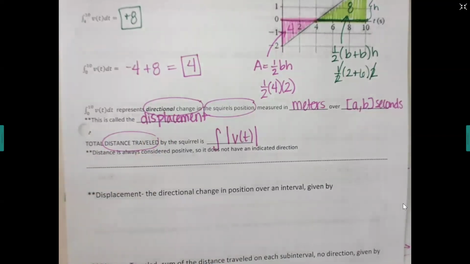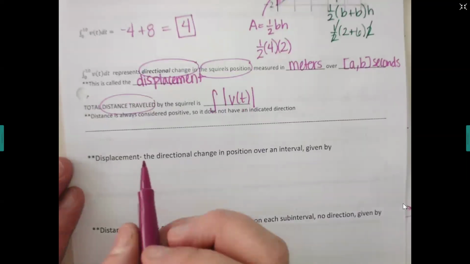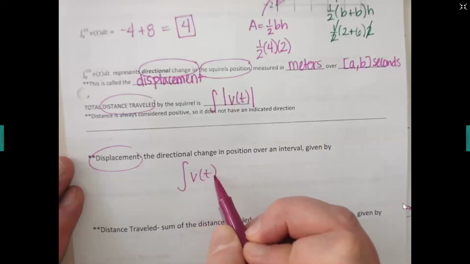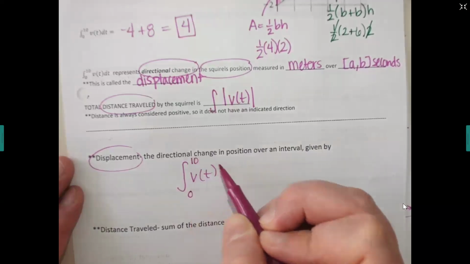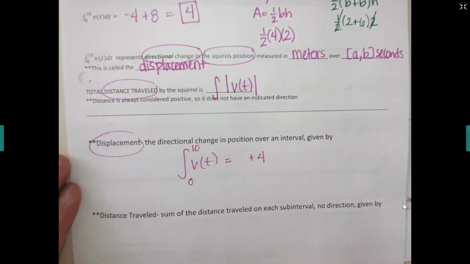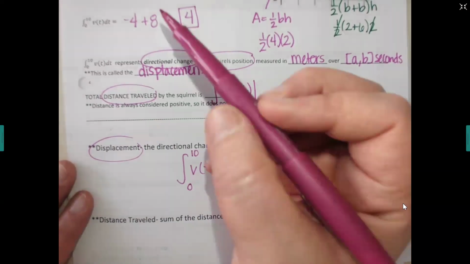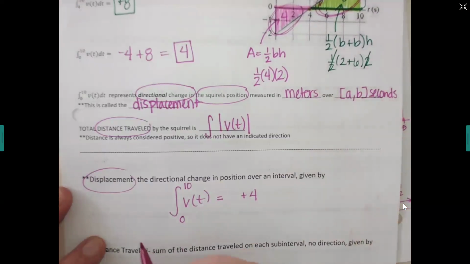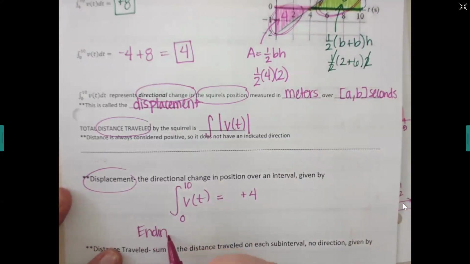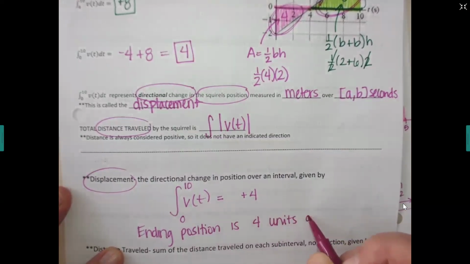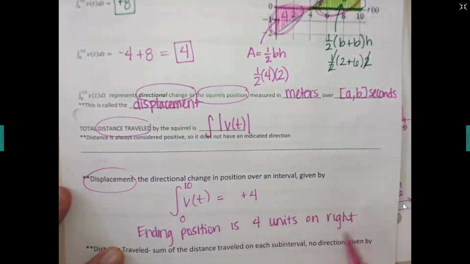So now let's do it for our squirrel. If I want displacement, I'm going to integrate velocity from 0 to 10 seconds, and that's going to give me +4, because the squirrel traveled to the left 4, and then to the right 8, and so its ending position is 4 units past, or on the right of, the starting position.